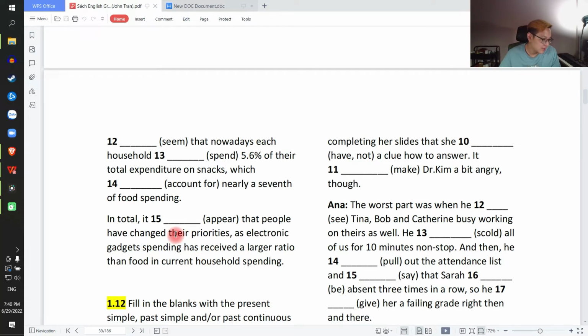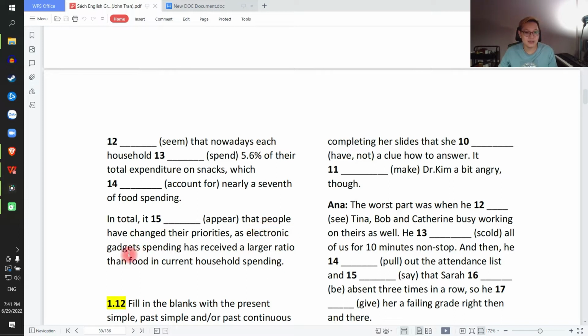Okay, in total 15. In total, it appears that people have changed their priorities. Nhìn chung, nhìn tổng lại thì có vẻ như rằng con người đã thay đổi cái sự priority, cái sự mà gọi là cái nào quan trọng nhất, cái đó là cái sự ưu tiên của họ, những sự ưu tiên của họ.